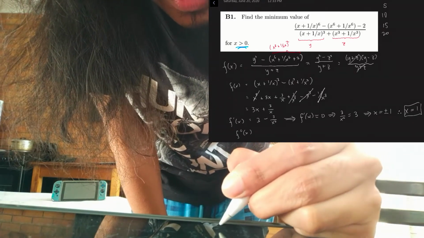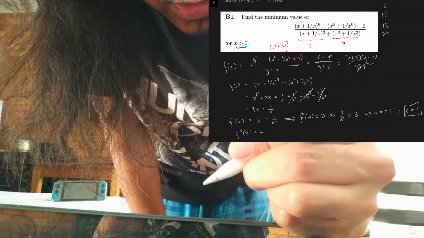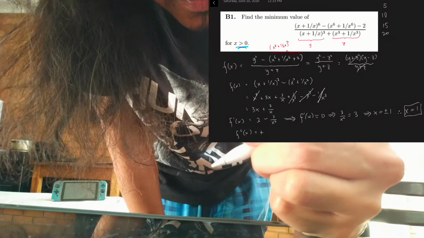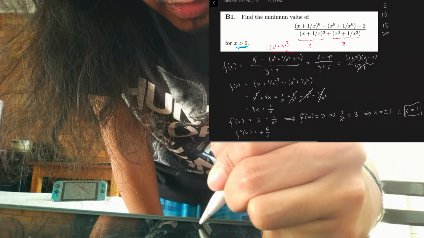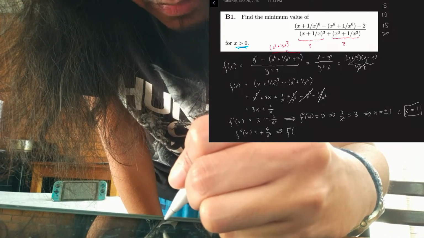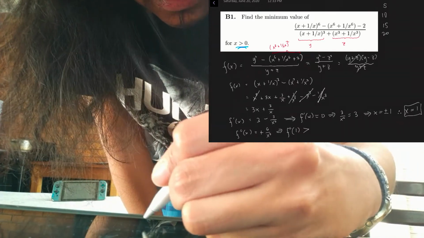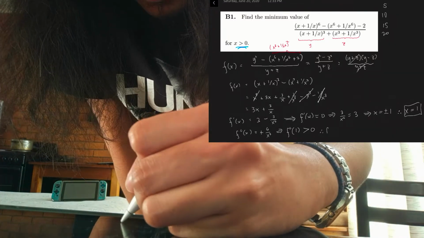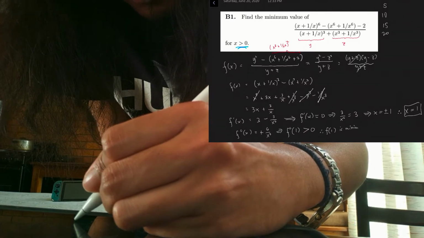The second derivative is not negative, this is now positive, and it gives you 6 over x cubed. So f double prime of 1 is a positive number, greater than 0. Therefore f of 1 in the original function is a minimum.